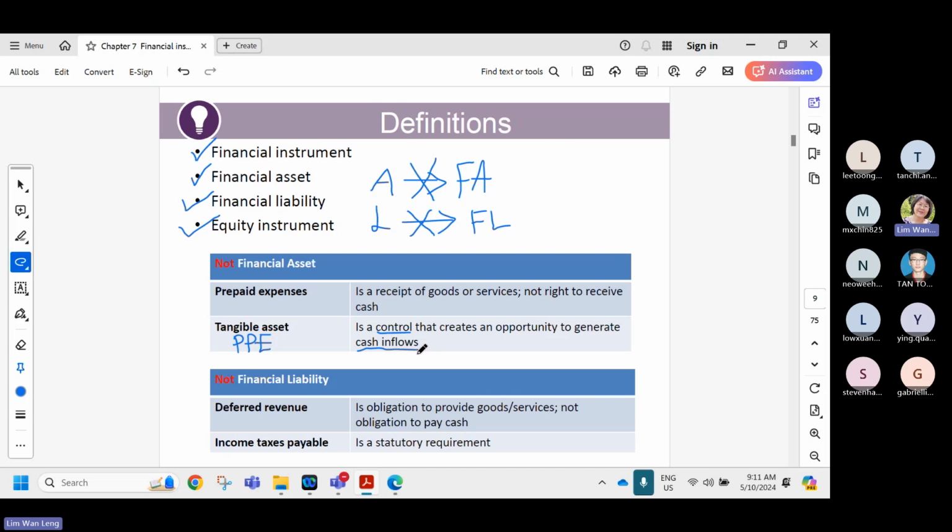But it does not give you any contractual right to receive cash. So in other words, PPE and any of your tangible assets are not financial assets. If you look at prepaid expense, let's say prepaid insurance.